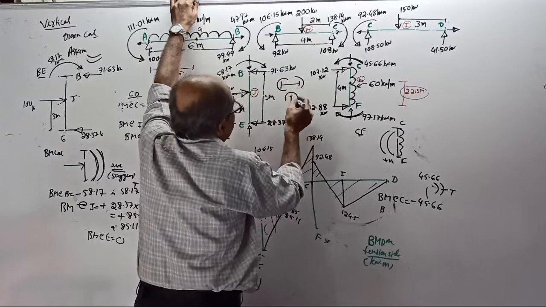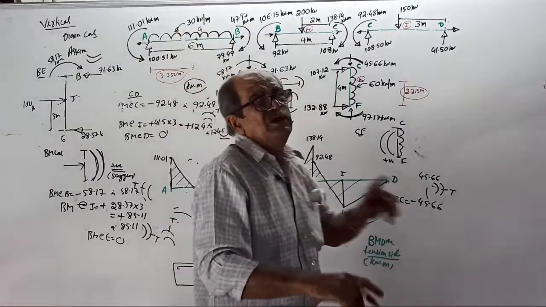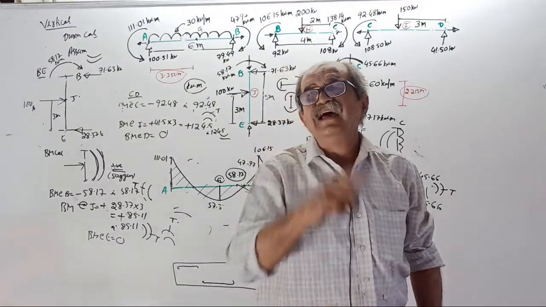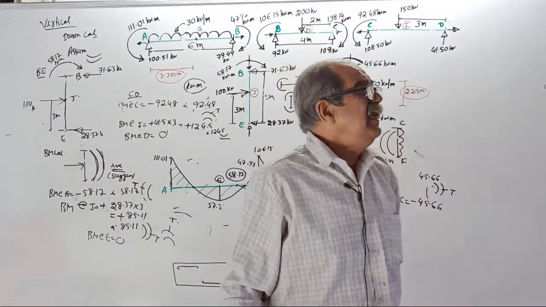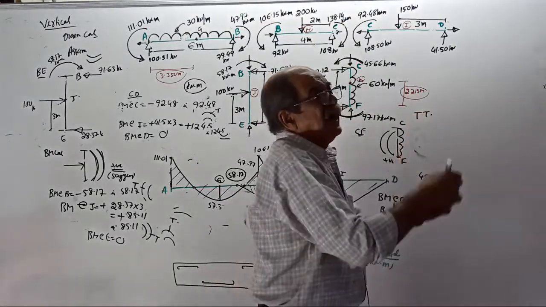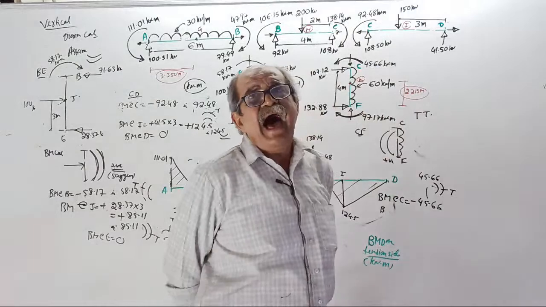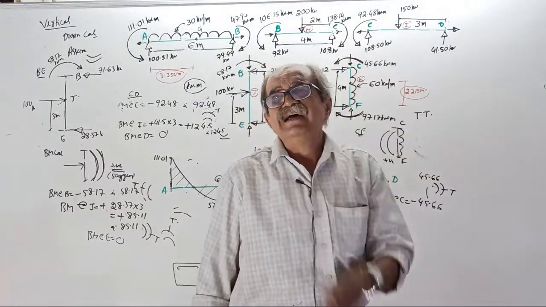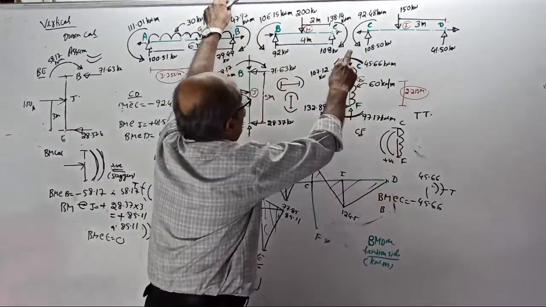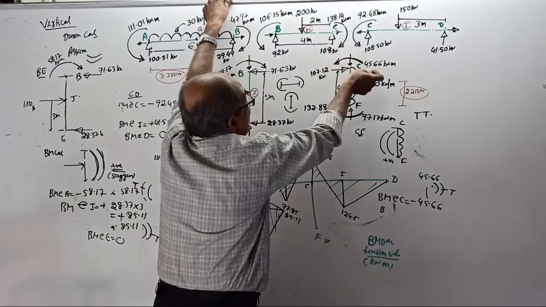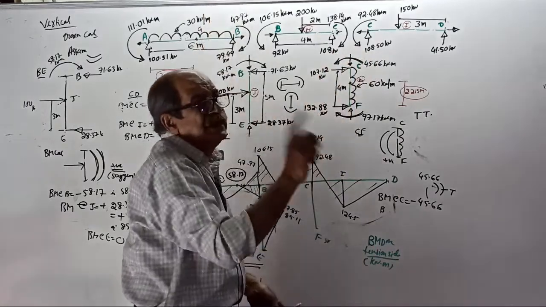Column, you write like this. Then you need not see anywhere. Which side is the tail? That side is tension. Clear? TT. TT means in the closing bracket, one side arrow, one side tail comes. Which side is the tail? That side tension. Tell me, where is the tail here? Right side or left side? For this closing bracket moment should be in the closing bracket.